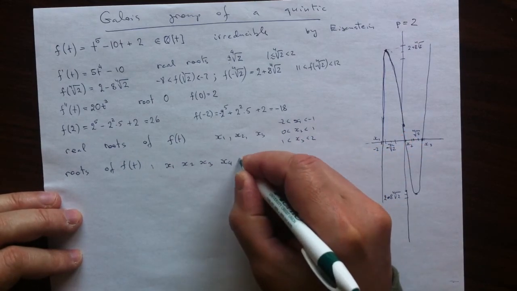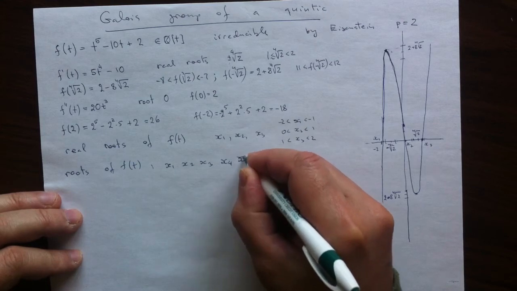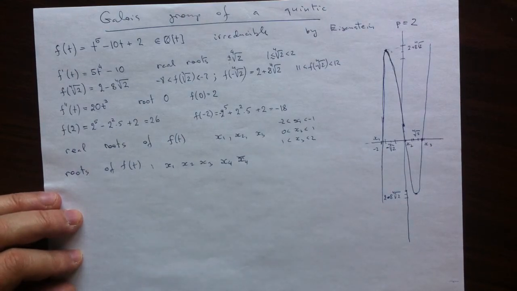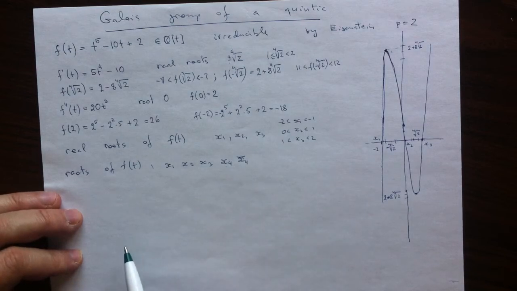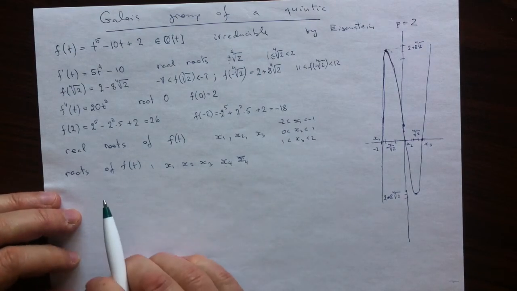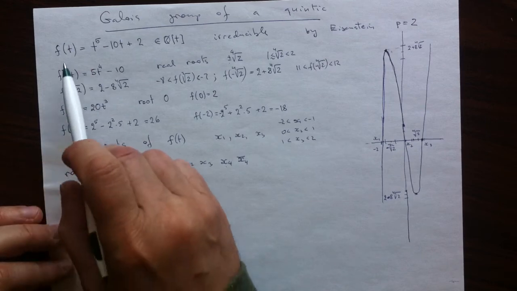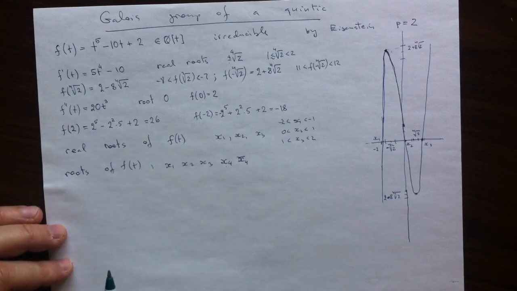So we have x4, but then x4 conjugate should be the last one, because all the real ones are here, so that must be complex, and then the complex conjugate must come along with x4, because the polynomial is with real coefficients.